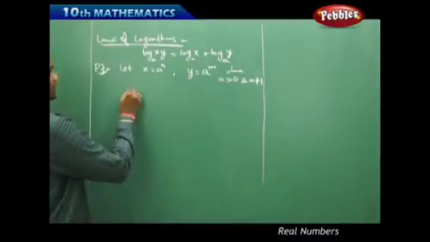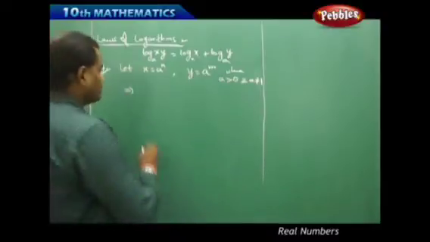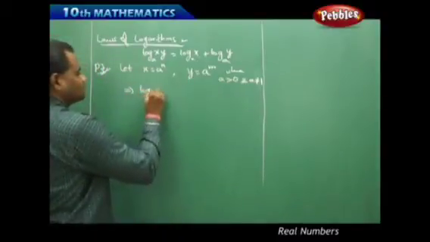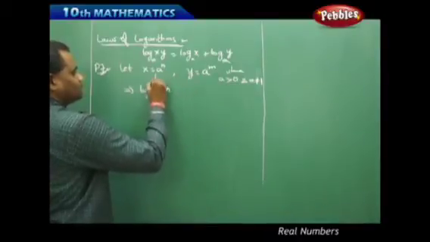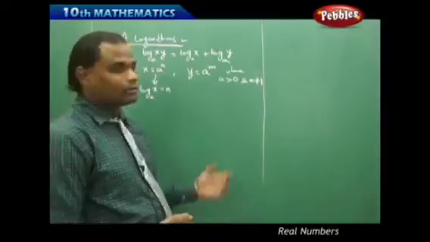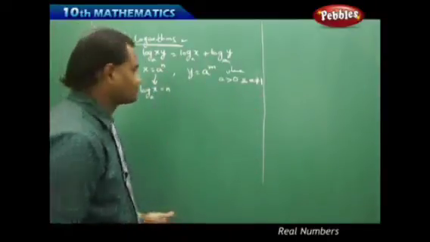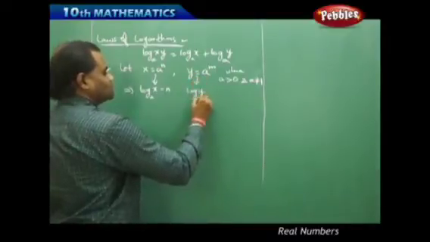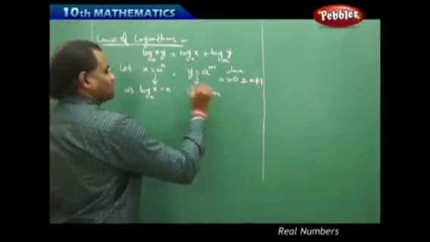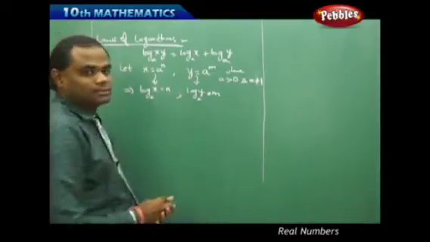Then immediately I have x equal to a power n implies log x to base a will be n, by using the formula of exponential connected to logarithms as taken in the previous session, and this would give me log y to base a equal to m. This is what I get with the two different properties from this.